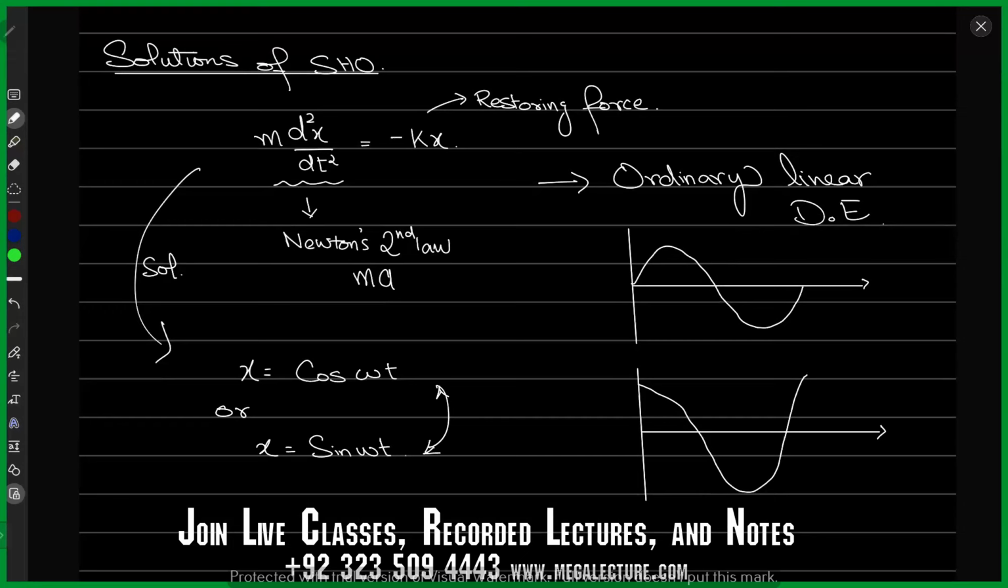When I say that these two are solutions, what I mean is that either of them would solve this equation. If I were to put in place of x in this equation cos omega t, and even here I put cos omega t, I would get left hand side equal to right hand side. So it's a solution to this equation. Similarly, sine omega t is also a solution to this equation.